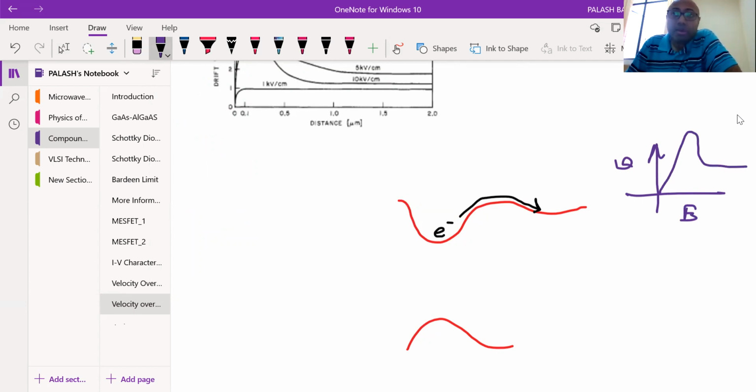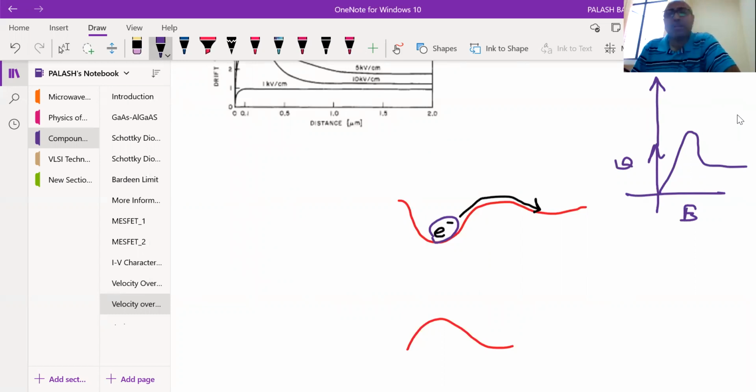Now it happens so, suppose suddenly the electron in this zone feels a high electric field. High electric field means high energy, right? So what is the relation? You know that part.